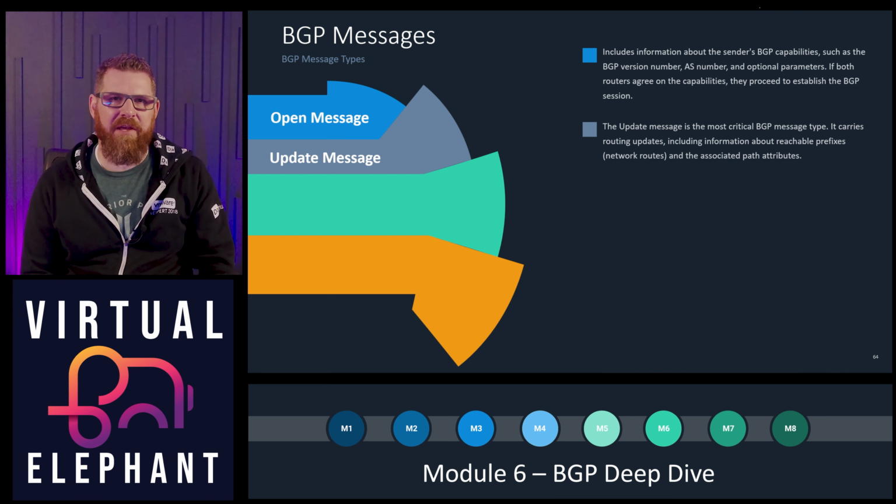An update message can include several different pieces of information. The first piece that it can include is a withdrawn route. Now, it is just what it sounds like. A withdrawn route is a route that's no longer valid and should be removed entirely from the routing table. The second piece of information that it can include is a path attribute.